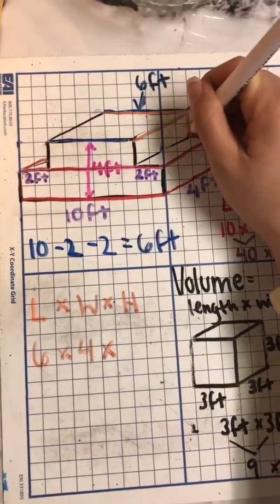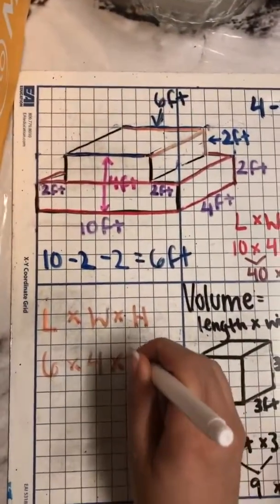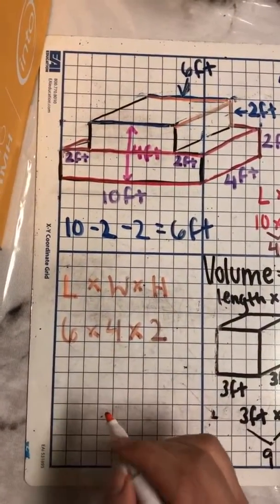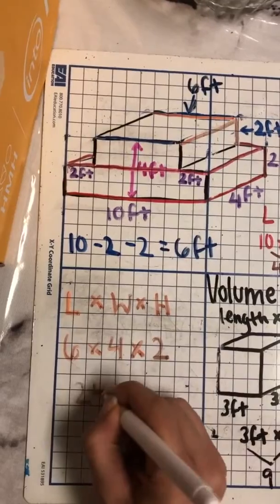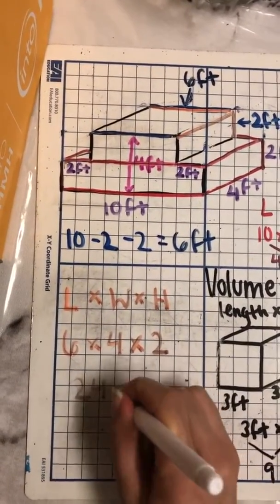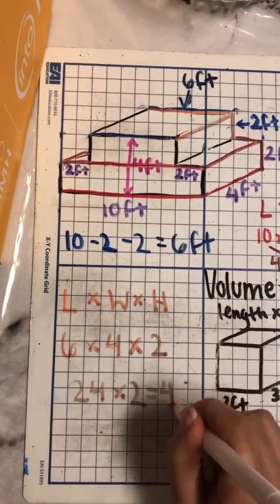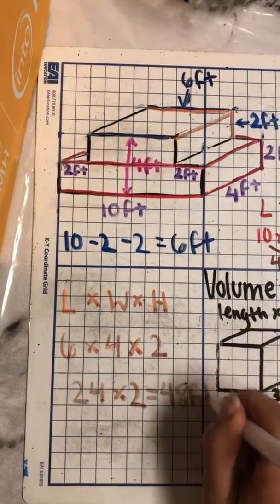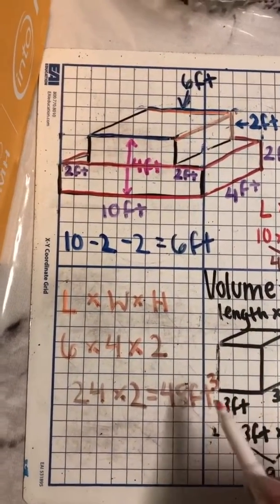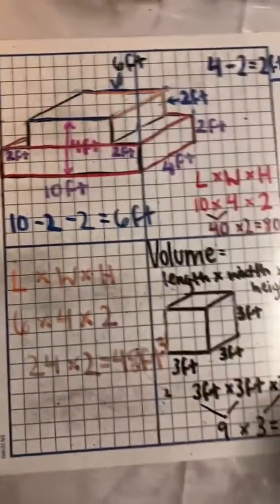That's how high the second part of the shape is. So I multiply 6 times 4, yep, 24. And now 24 times 2 equals 48 feet. And then we cube, because again, I just multiplied 3 different dimensions.